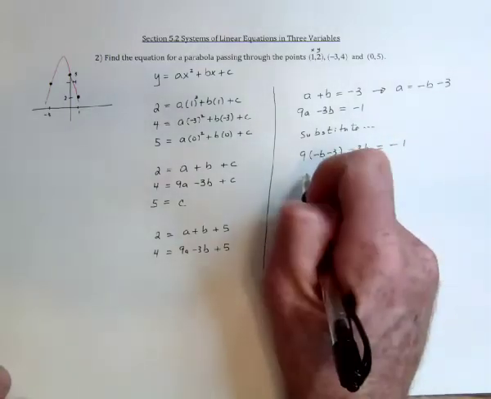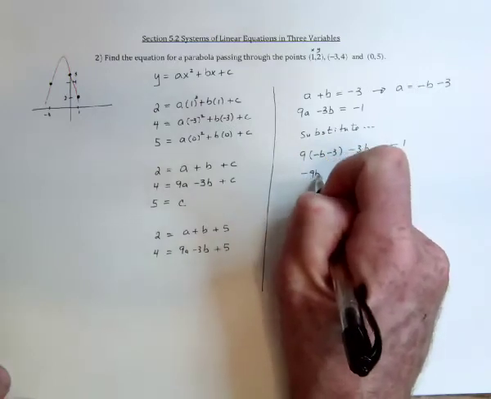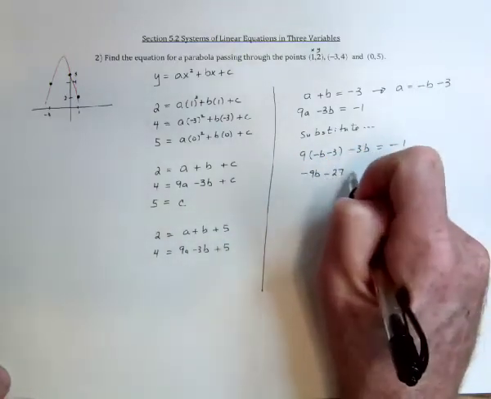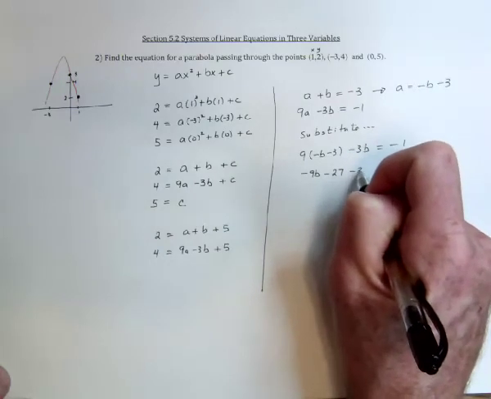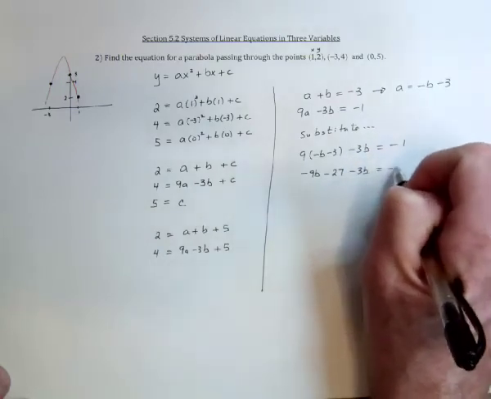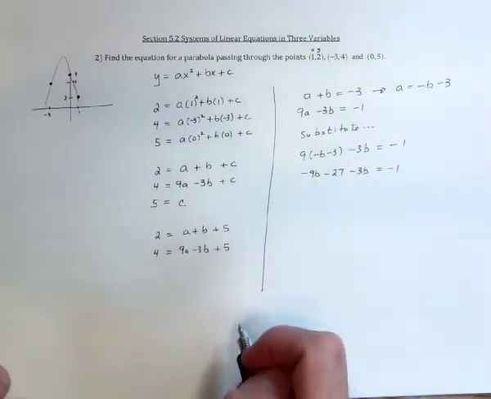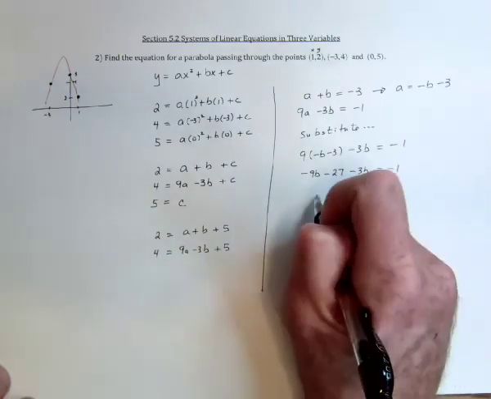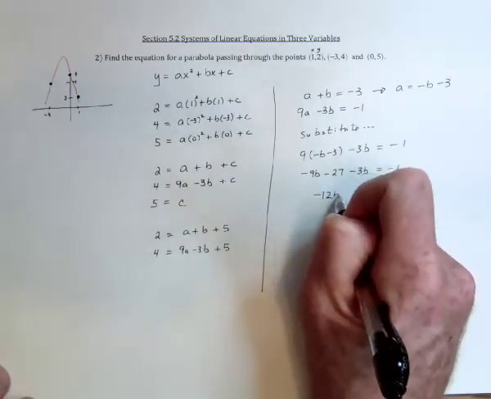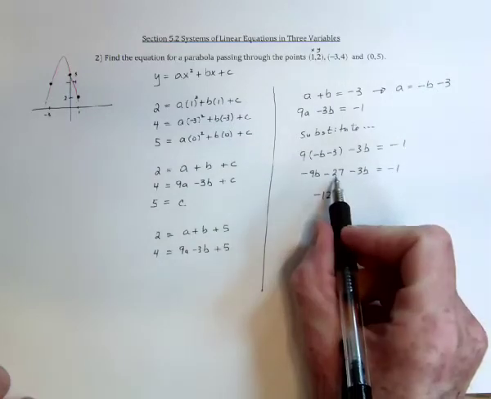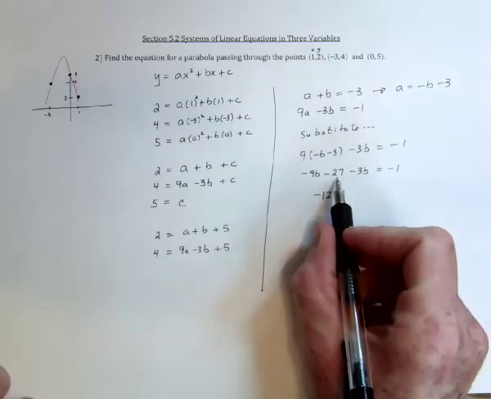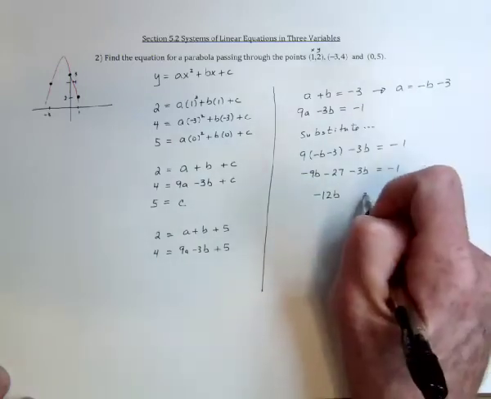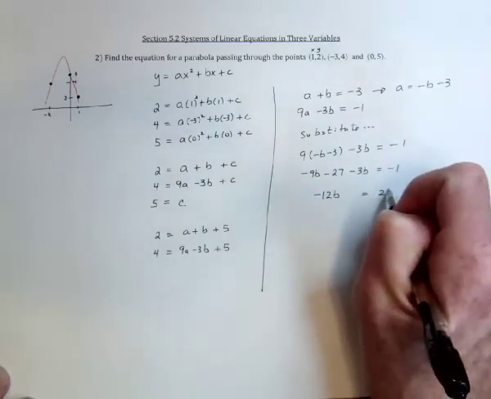And now distribute the 9, so we'll have -9b minus 27, and then -3b equals -1. Alright, so combining the b's, that's going to be -12b, and this 27, add that to both sides, we get +27, subtract 1 is 26.